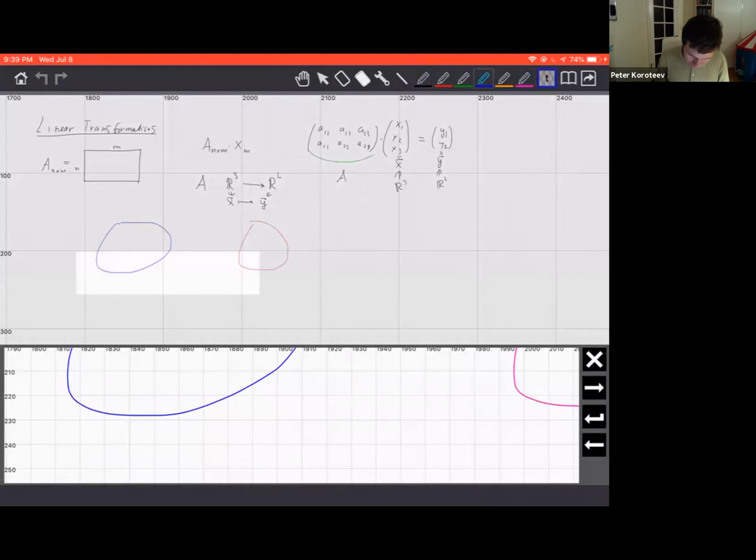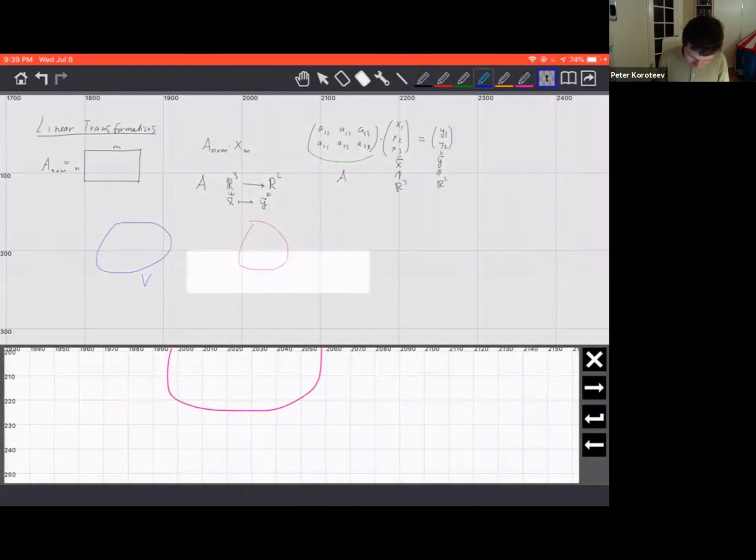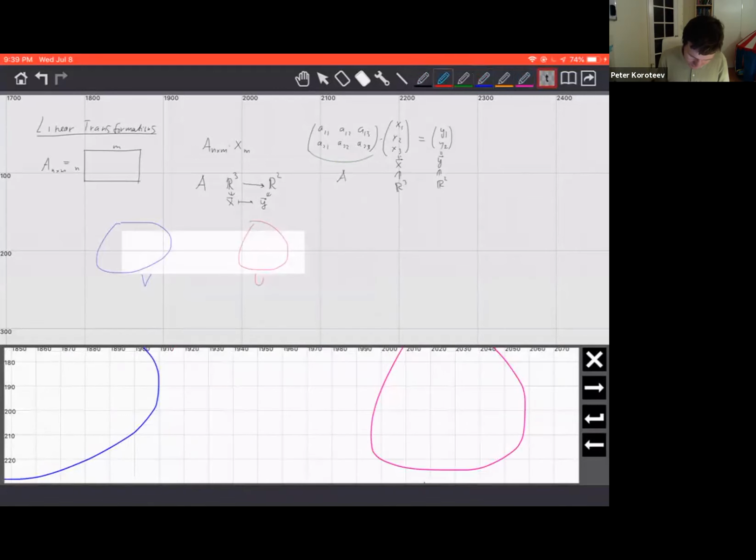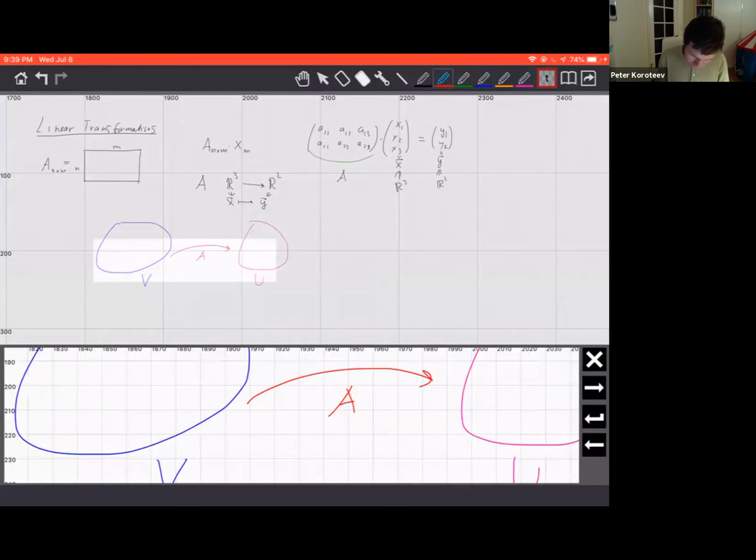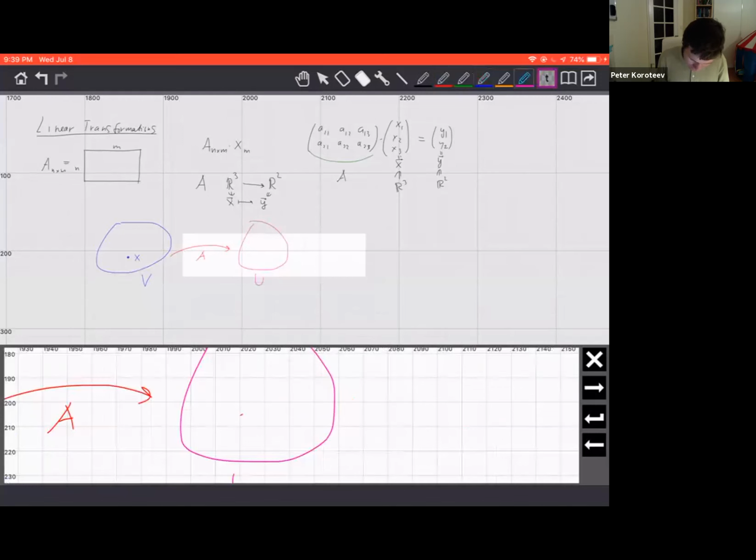More abstractly, let's say there's set V and set U, and then there's a linear transformation A that takes element x from here and maps it to element y from there. That's right. So that's what matrices do. They describe a linear transformation.